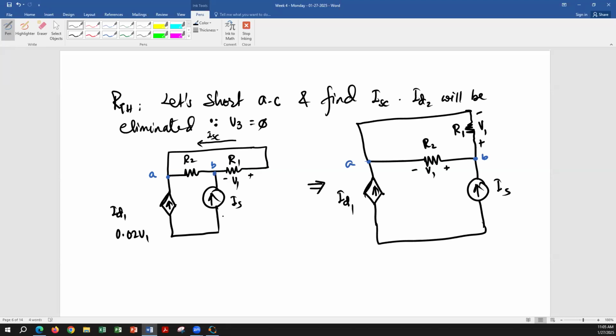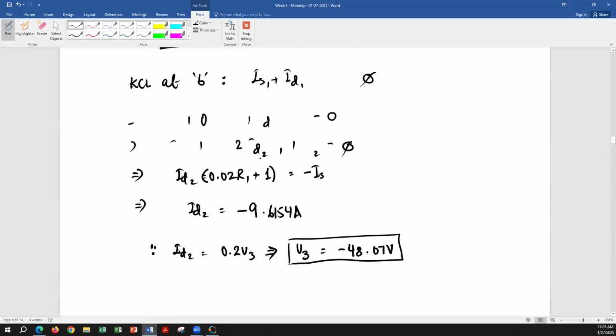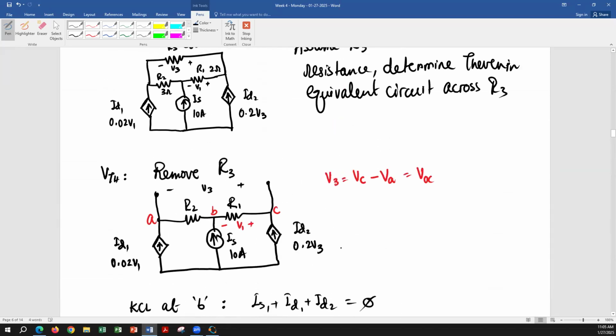No, not arbitrary. V3 is 0. That depends on V3. Okay, never mind. 0.2 V3, right?